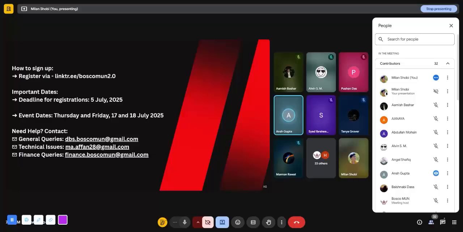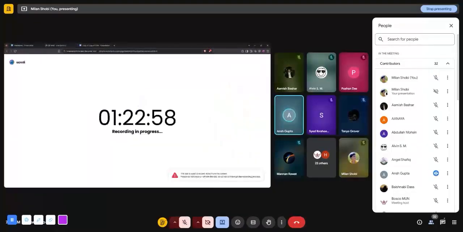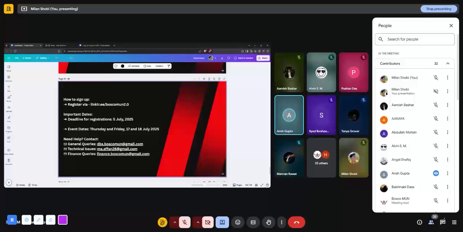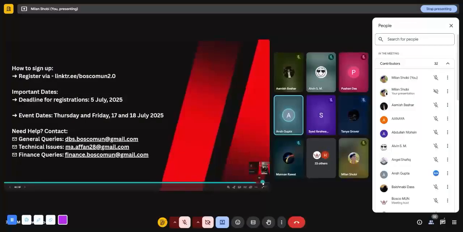I believe there might be a student coordinator or even a teacher coordinator present here. So if you want to register representing your school, you may register through the school delegation form and follow the instructions that have been mentioned there. As far as the individual delegation form is concerned, it is for those who would like to register directly and not through a school. Anyone can register through the individual delegation form.